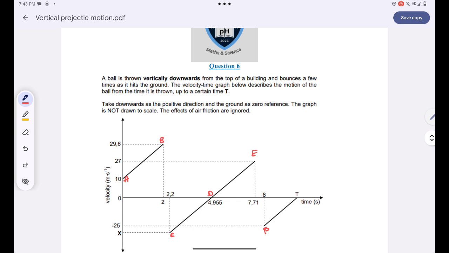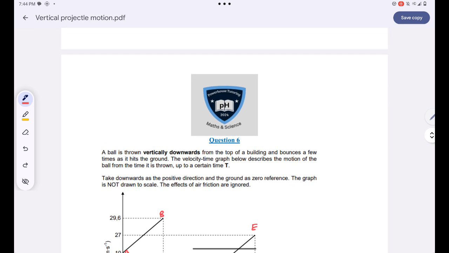So if you would illustrate the motion of the ball, it will be here from the top of a building. It will go down, reach the ground, stay a little bit, go up to maximum height, come back, stay a little bit, and then go to a second maximum height, U. That's maximum height, coming back, and then it reaches the second maximum height.